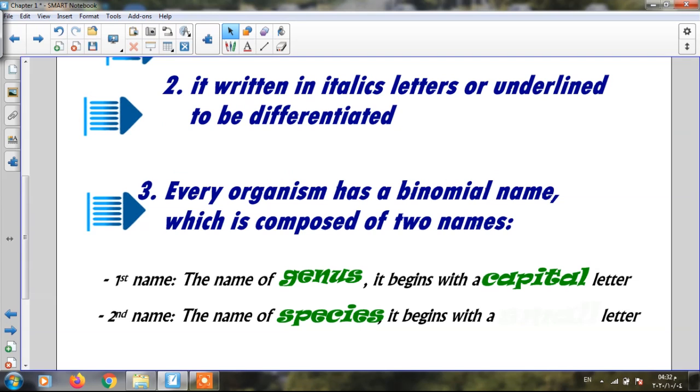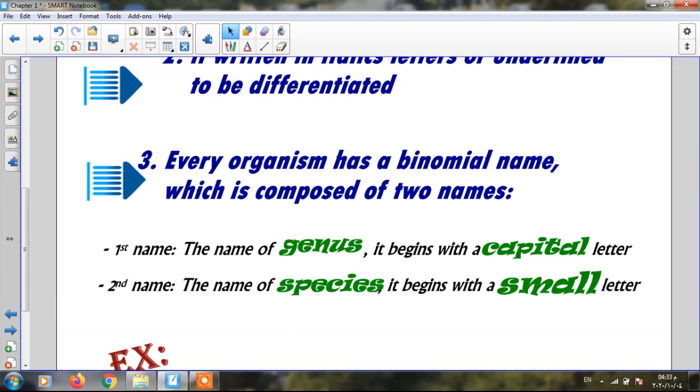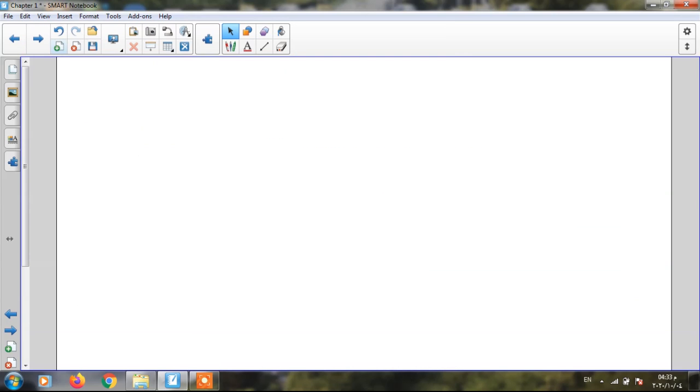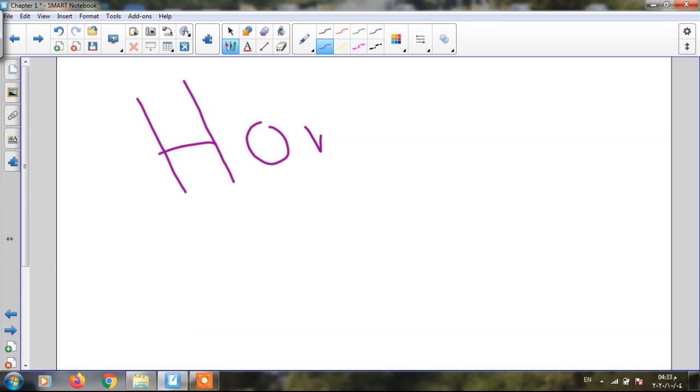For example, the scientific name of a human is Homo sapiens. Homo, sapiens.